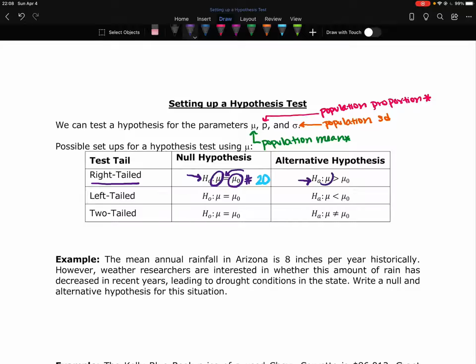We're still looking at the mean, and then I'm saying that the mean is greater than whatever I was reported for that value. So this again is a number for this mu with the little 0 next to it, and it's going to be the same number that I used in the null. Same number as the null.